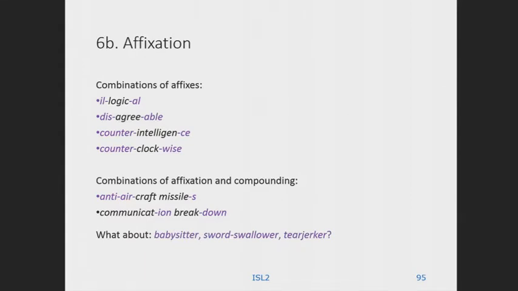Now, we briefly touched upon this. What happens with babysitter, or sword swallower, or tearjerker? These are tricky ones. What do you think the word formation process for babysitter is? So what was there first, the verb to babysit or the noun babysitter? Yeah, the noun was there first.